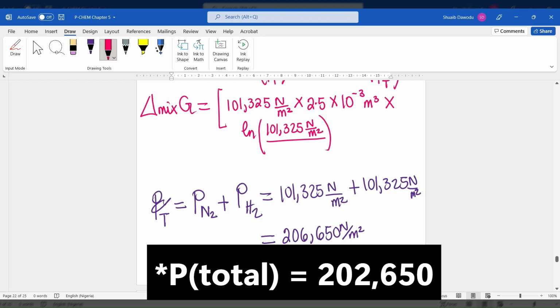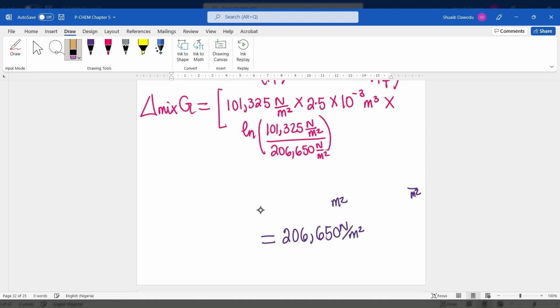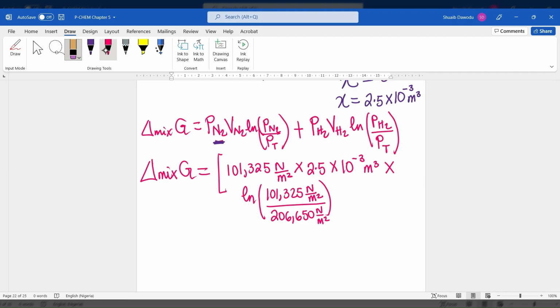So we have 206,650 Newton per meter squared. That's basically how this is done, so we use that information to continue with our calculation. We have all of this information here. Close brackets.